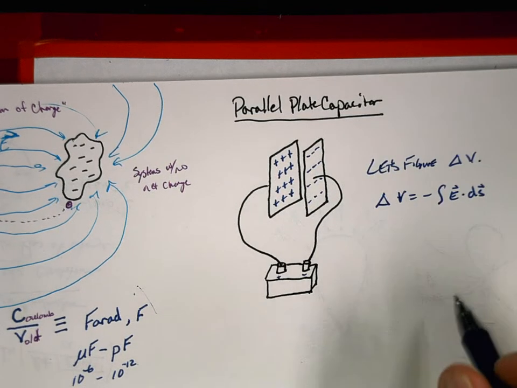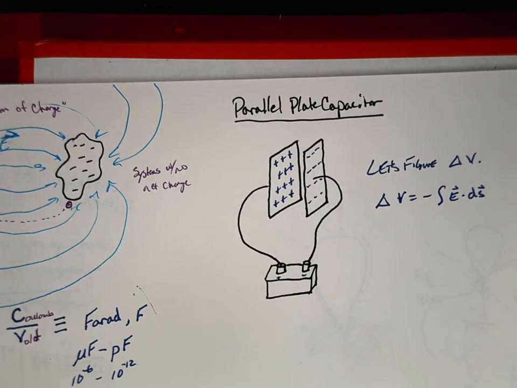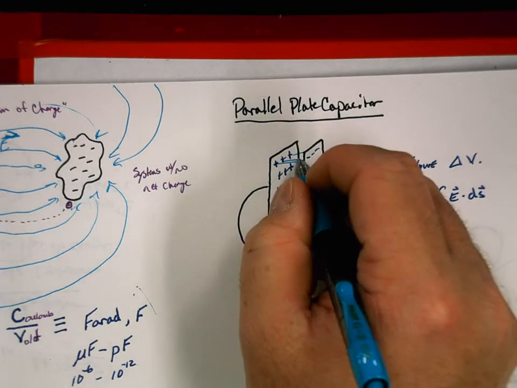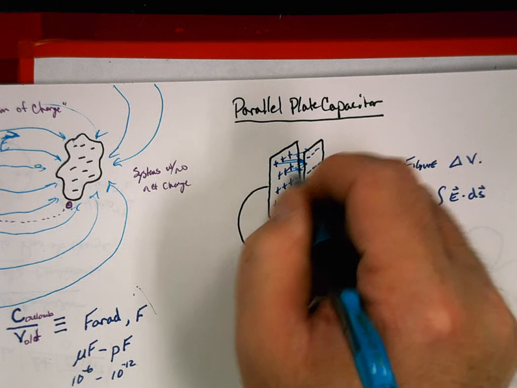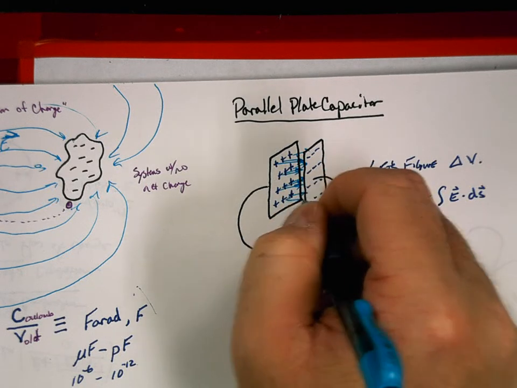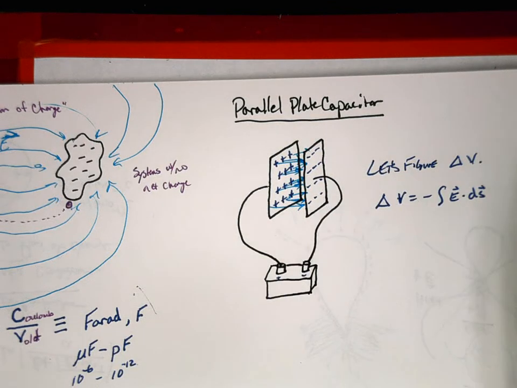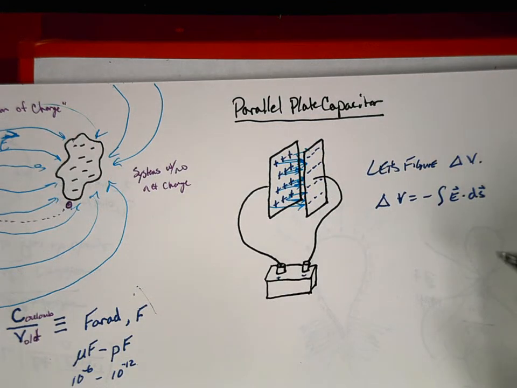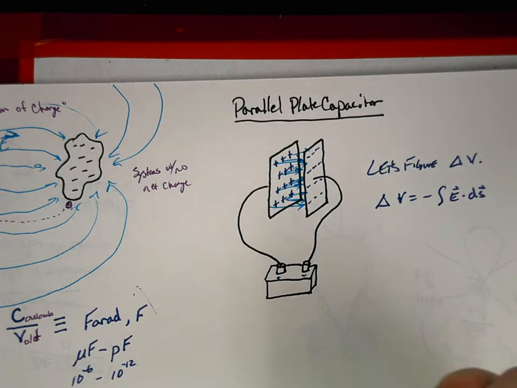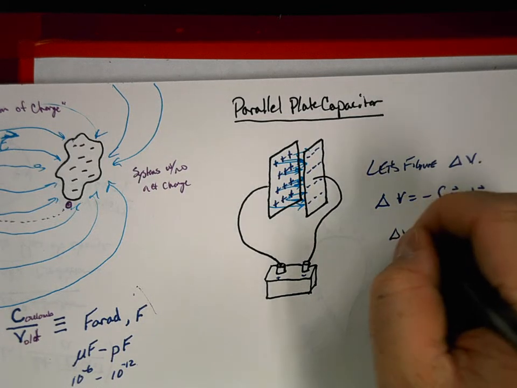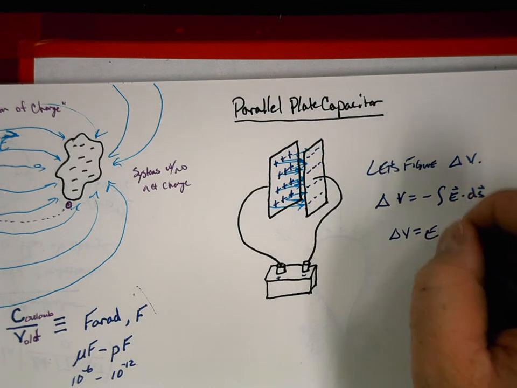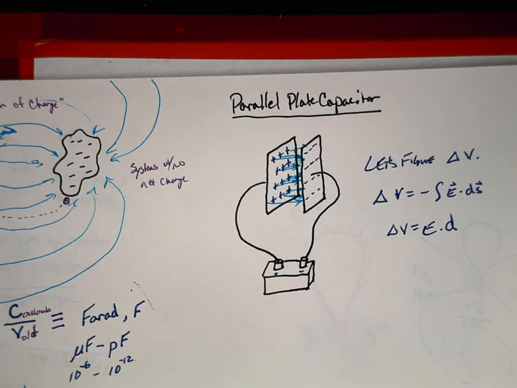Now, luckily, you guys can tell that our field is uniform going across, right? And so our E dot ds just winds up being delta V equals E D, where D is our distance.